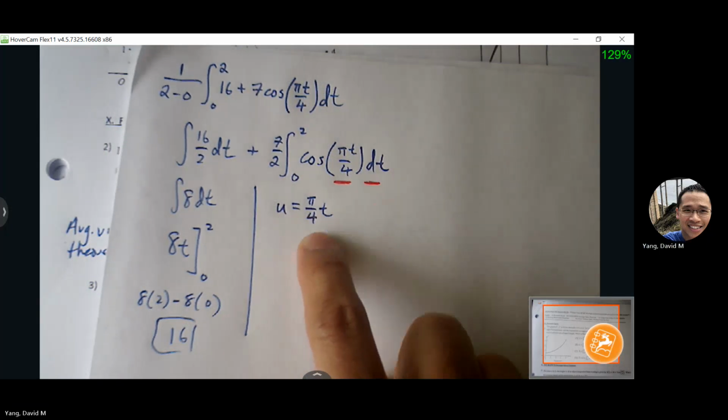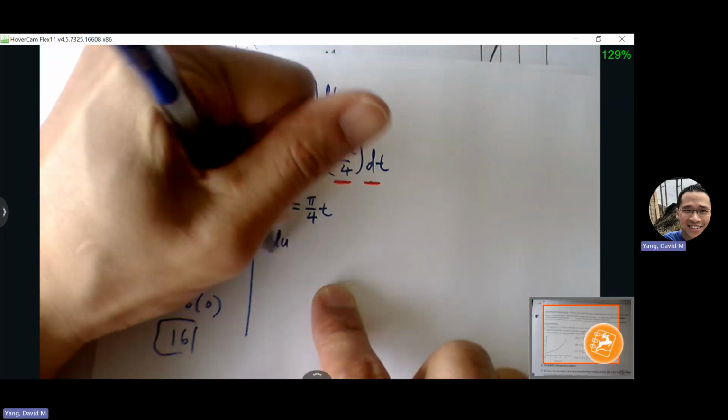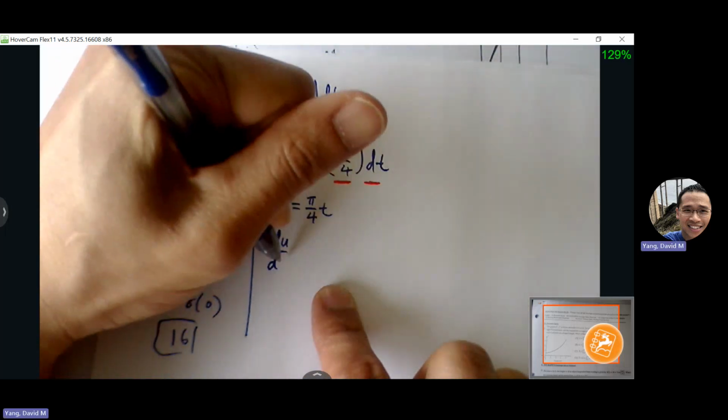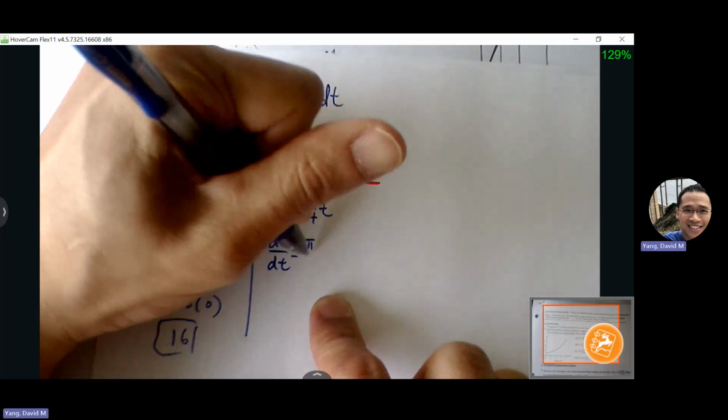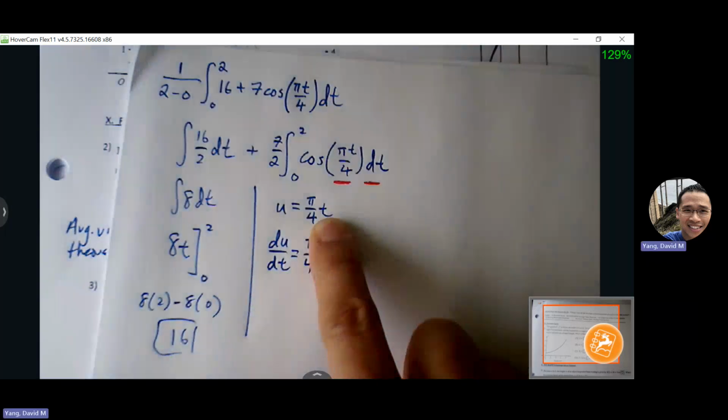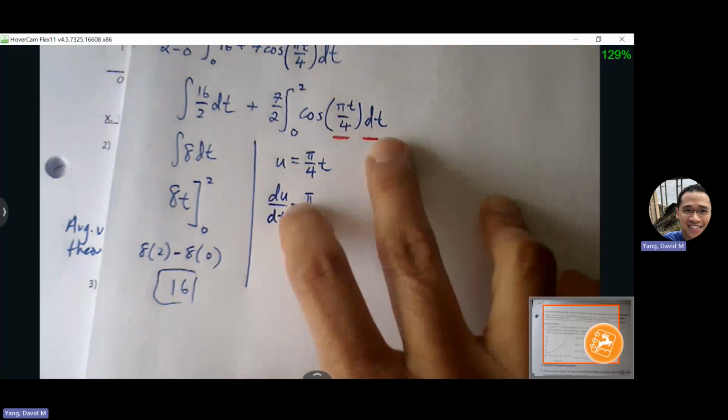That's what? Just pi over 4, yeah. Just the coefficient. We know that degree 1 is just going to drop to a constant. Okay, I'm going to cross multiply and solve for dt.